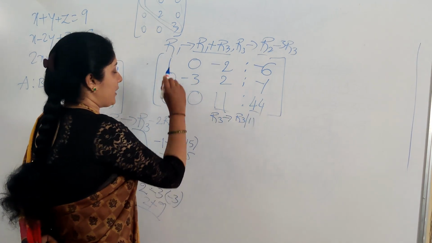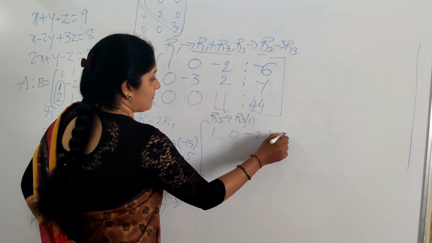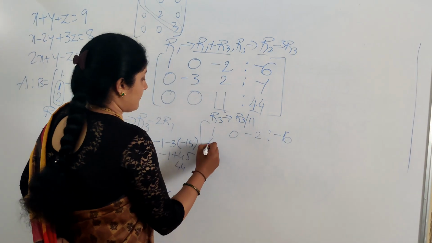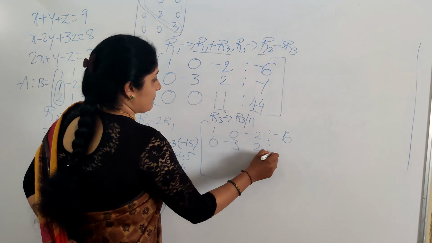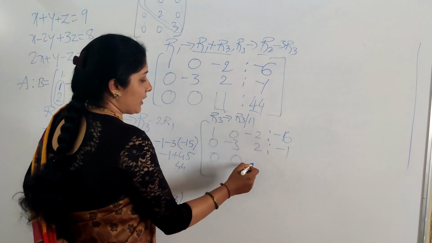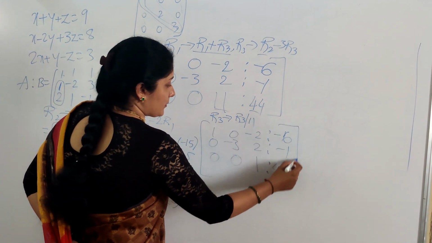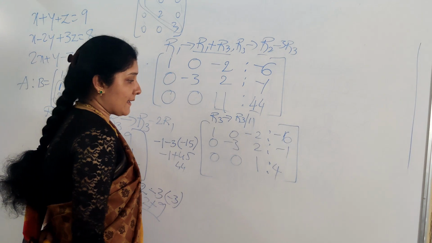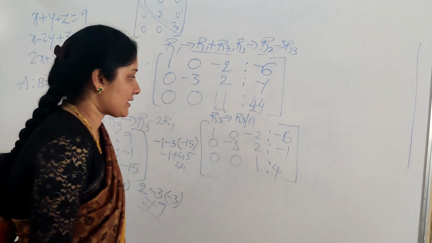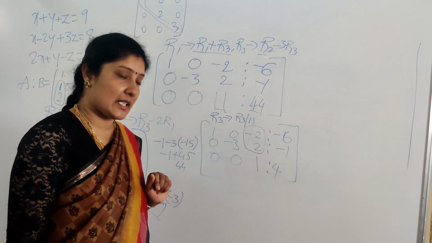Okay. Now, let me do that. 11 by 11, 1, 44 by 11, that is 4. Okay, so now which are the elements left? These two. Now we have to make these two zeros.